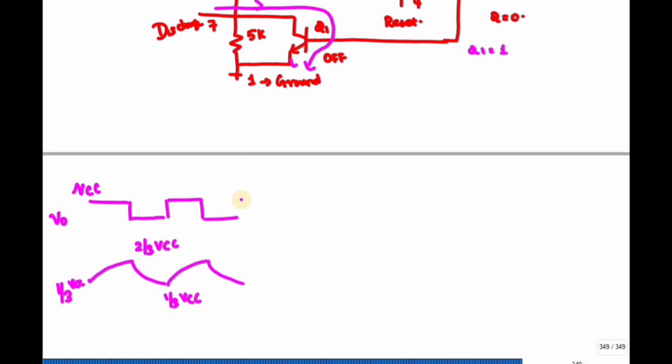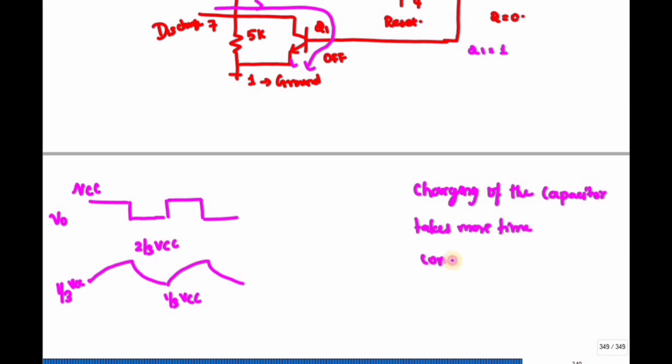You know that the charging of the capacitance takes more time compared to discharging.